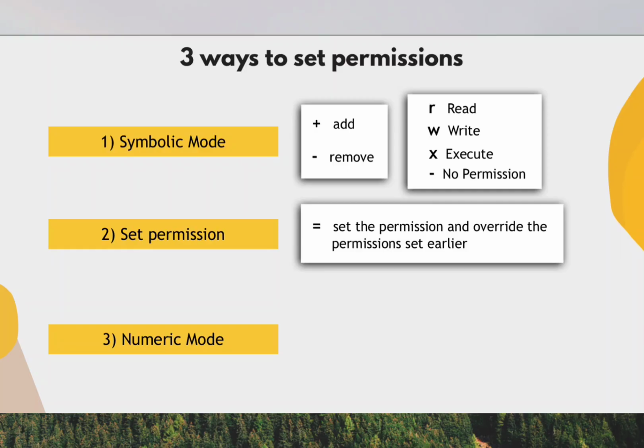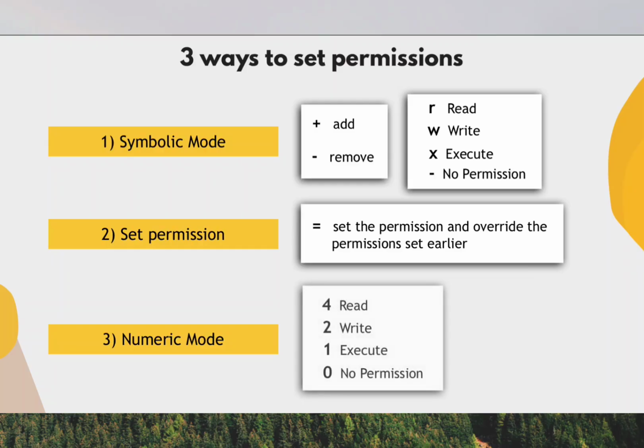And the third one is using numeric values to define permission blocks for all the owners in one command. And as I said, it may seem a little bit complex at the beginning, but once you understand how this all works, it actually makes sense and it's easy to use. You may choose just one of those options and just stick to it for all your use cases.